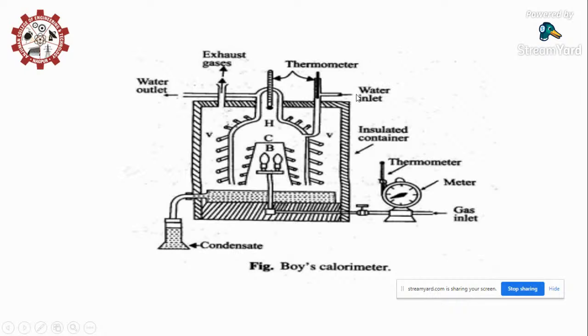We will allow a specific quantity of water to start flowing from the inlet, and it will circulate into the hood and into the chimney part, and come out. So the same amount of water is being circulated again and again: inlet water and outlet water.